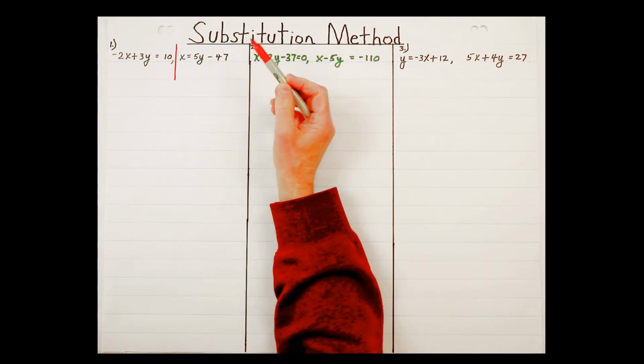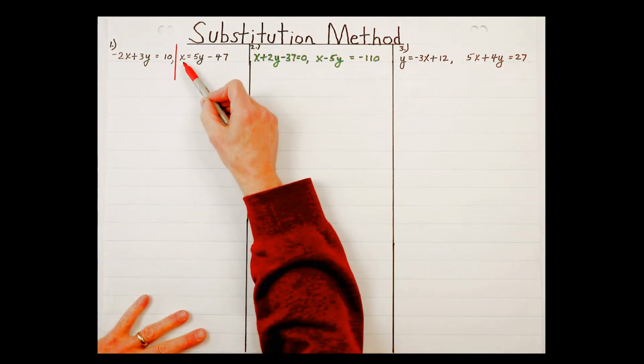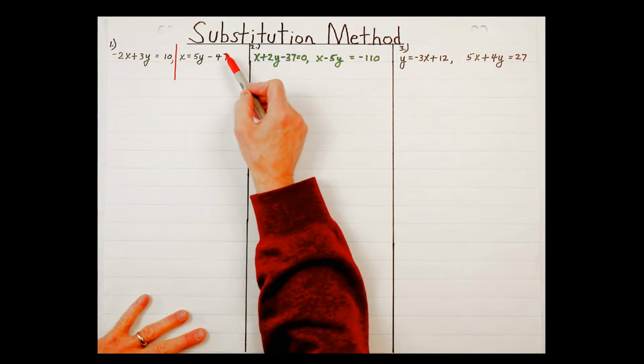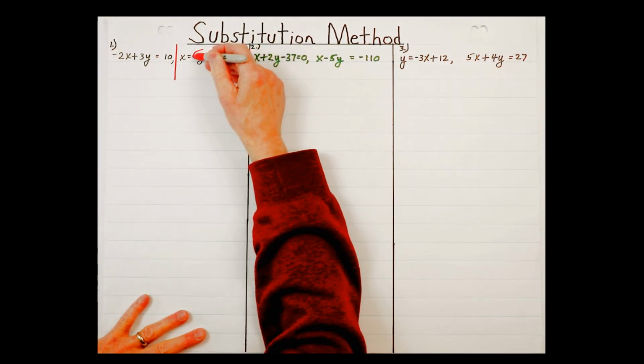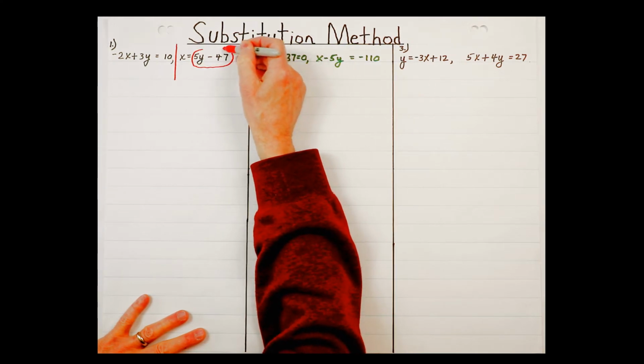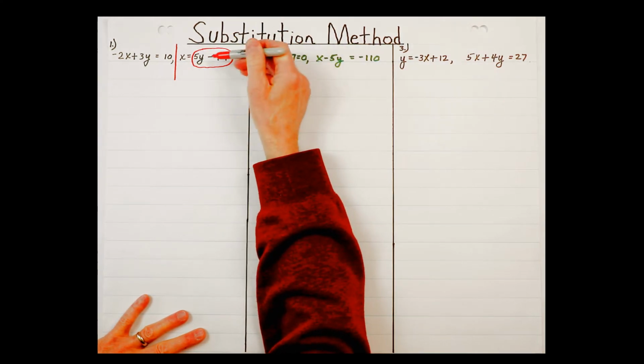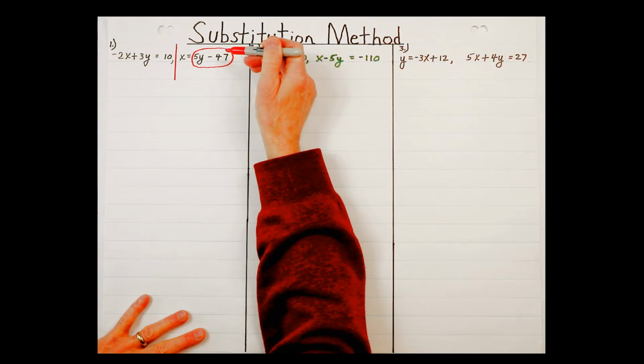Okay, so watch what I'm going to do. It says x is equal to 5y minus 47. So I'm going to put a circle around 5y minus 47. What does this 5y minus 47 equal? It equals x.